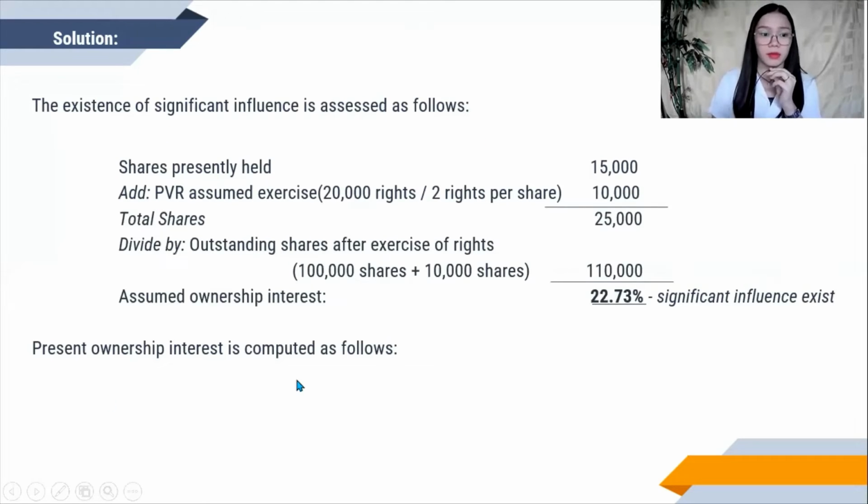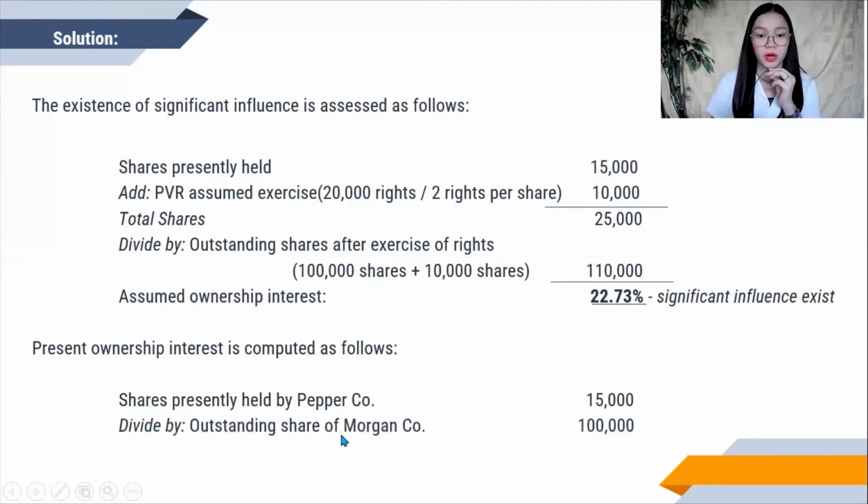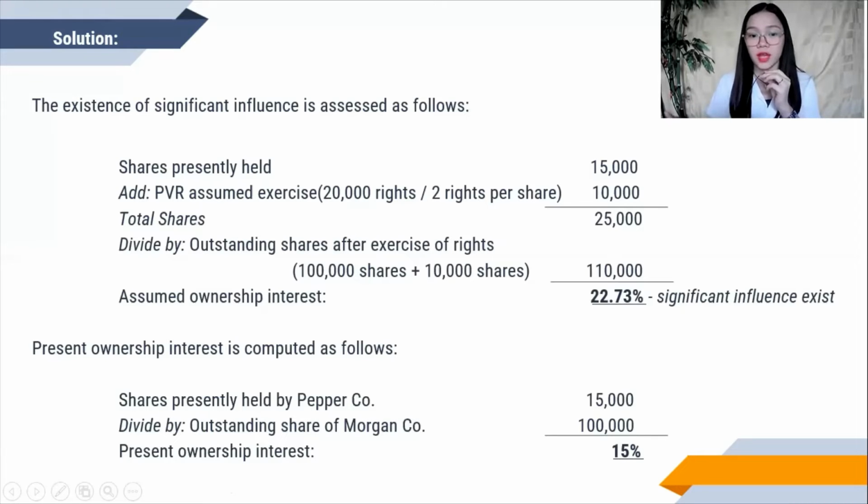But then, yung present ownership talaga ni Pepper Company is that 15,000. I-divide natin sa outstanding shares ni Morgan Company na 100,000. Exclude dyan yung potential voting rights na kinonvert natin kanina. So, ang talagang present ownership interest ni Pepper Company is 15,000. So ito yung gagamitin natin kung i-determine na natin yung ating share sa profit or loss ni investee or dun sa changes sa equity ni investee.